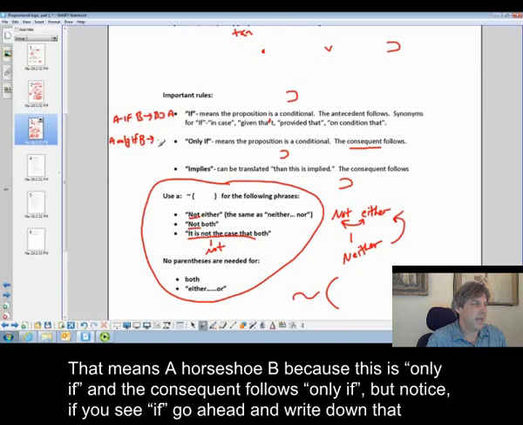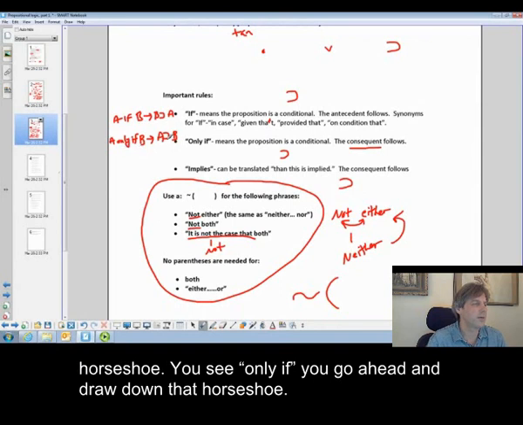That means A horseshoe B, because this is only if and the consequent follows only if. But notice, if you see if, go ahead and write down that horseshoe. If you see only if, you go ahead and draw down that horseshoe.